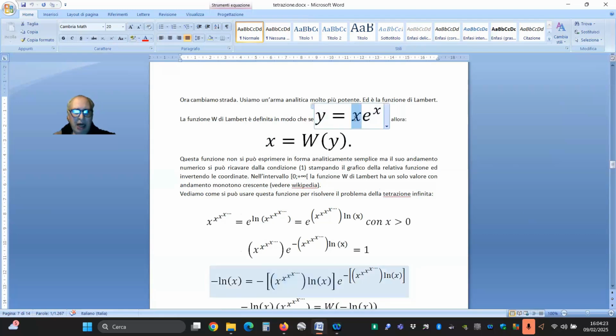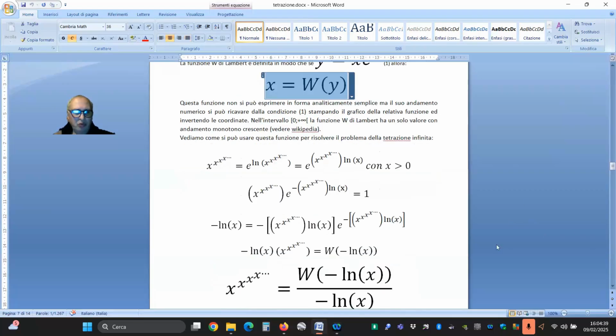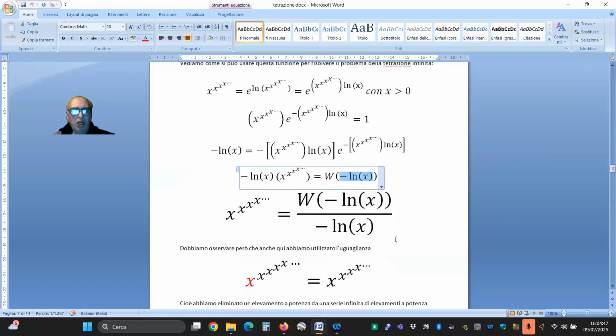We can move on. That said, we have this form, minus the logarithm of x. We have this function. And with respect to what we wrote up here, our x will be this, okay? Which we then find also as an exponent of the exponential, and this will be our y.